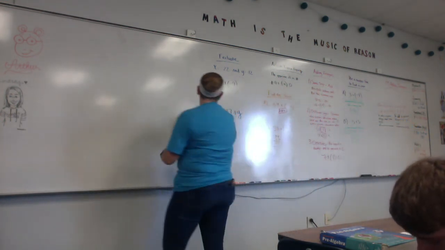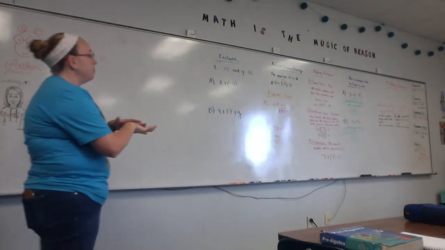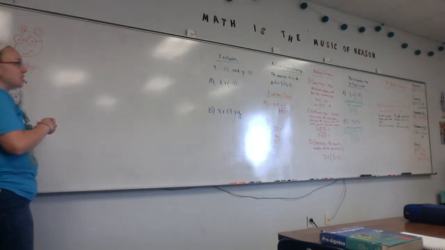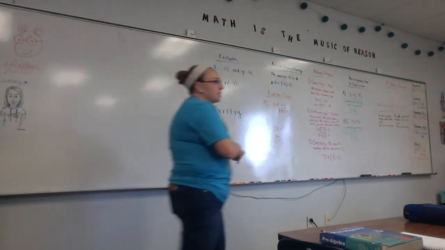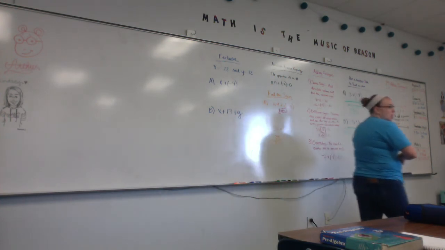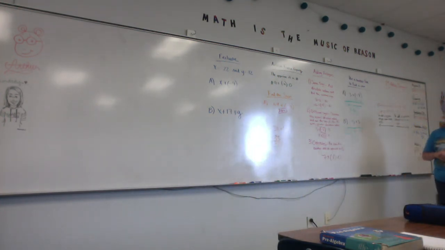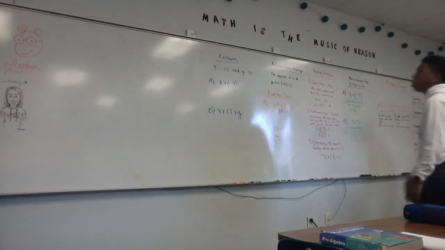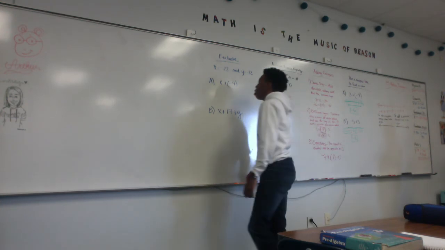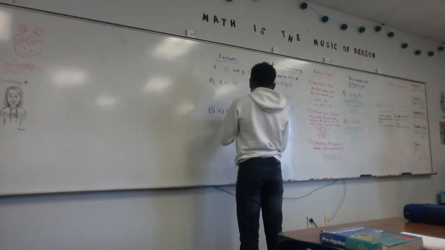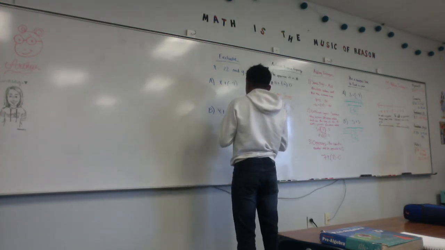Now we're going to come over here and we're going to evaluate when we have to plug things in, okay? Jason, do A for me. X plus -9, come evaluate that when X equals -22. So when X equals -22, I want to know what X plus -9 is.